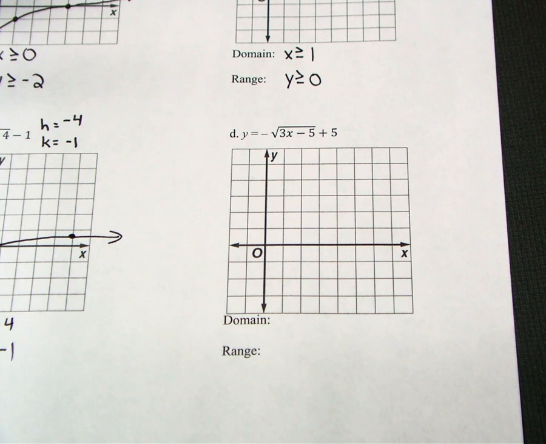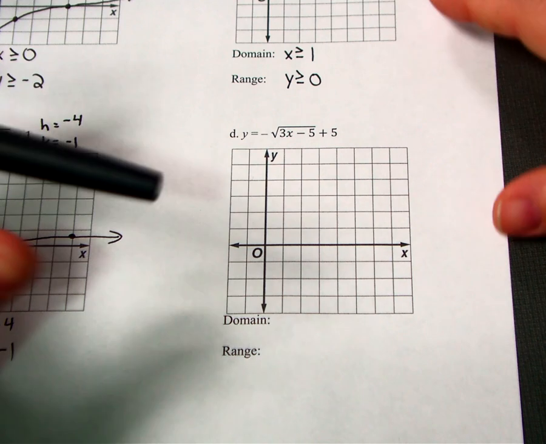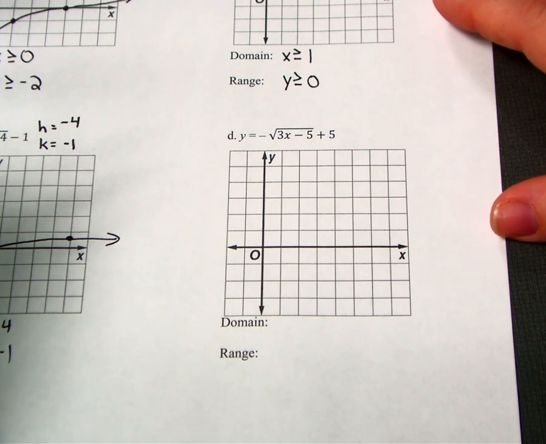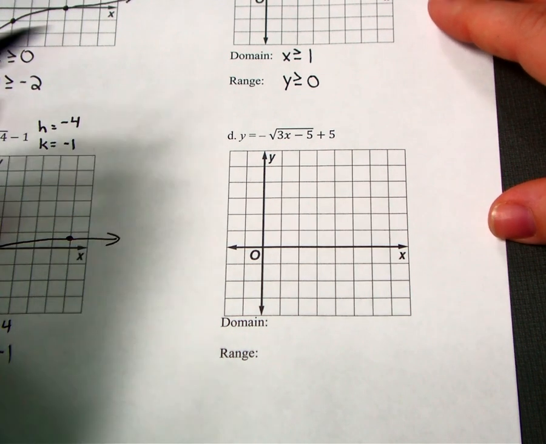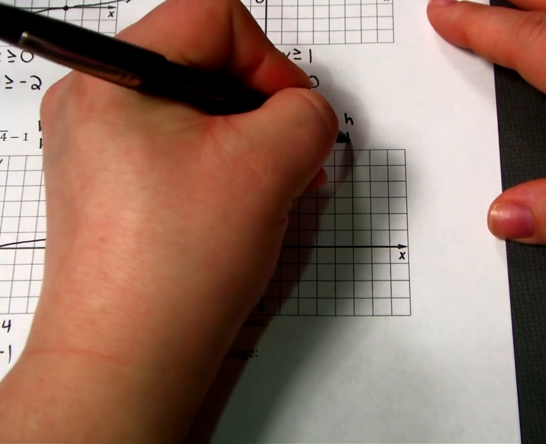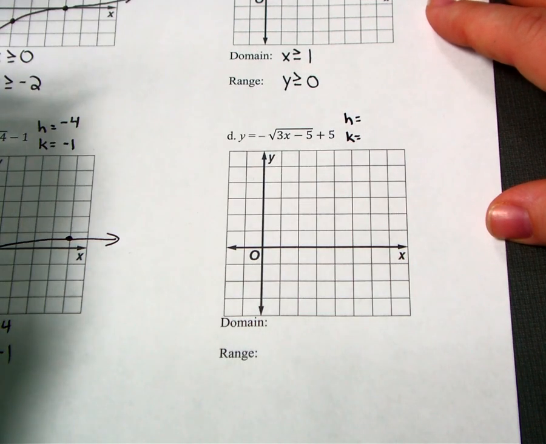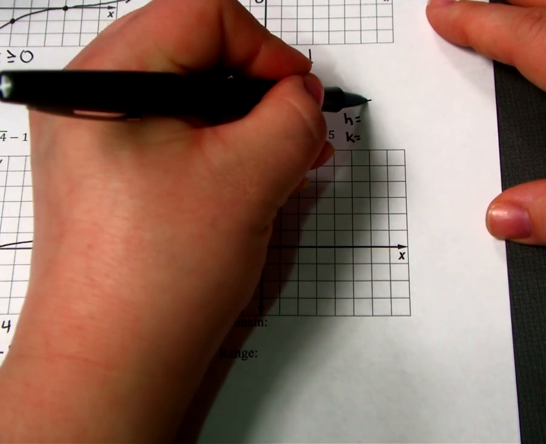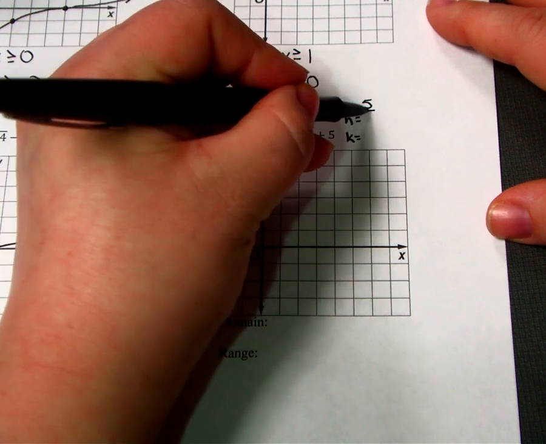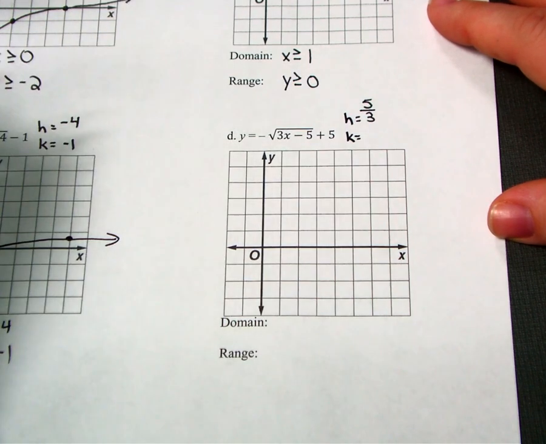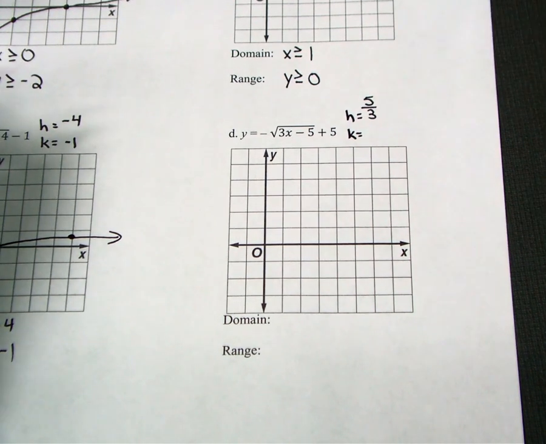The coefficient to the X has a special role when it comes to H and K. It becomes the denominator of H. So in this case, H looks like it would be positive 5, right? But in reality, it's 5 over 3. Whatever your coefficient of your x is, that's your denominator of H.